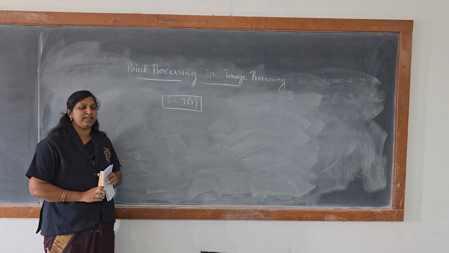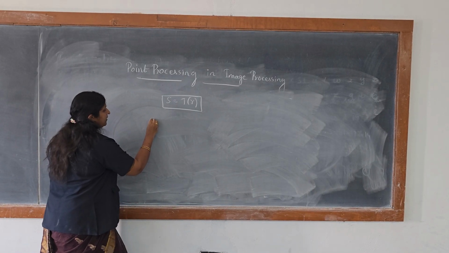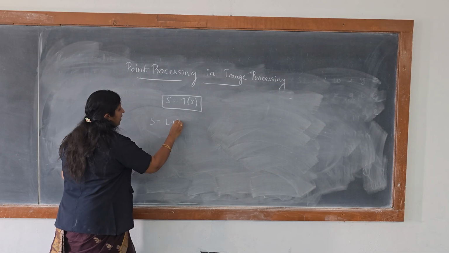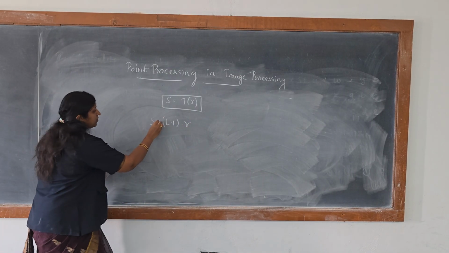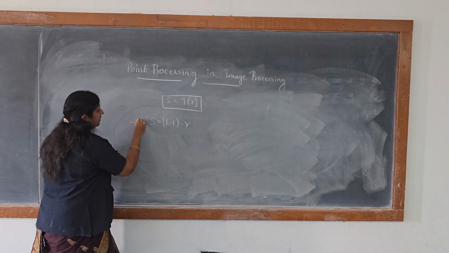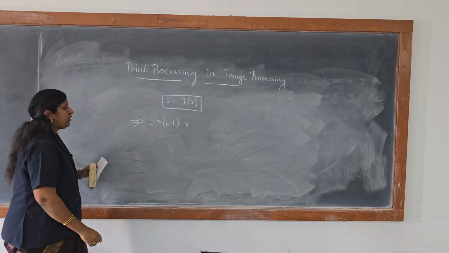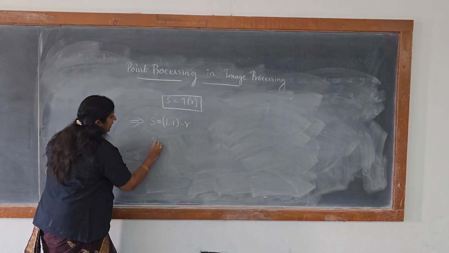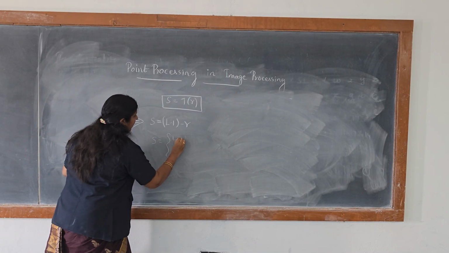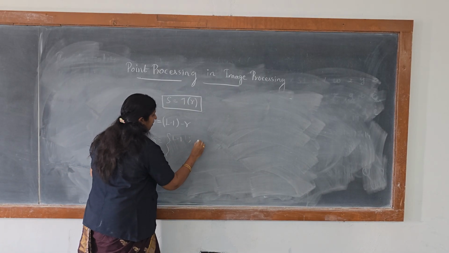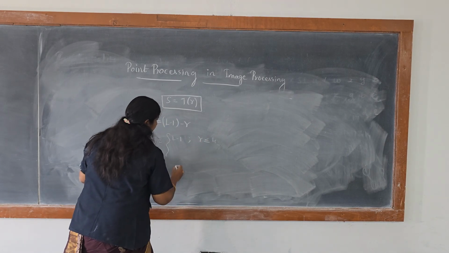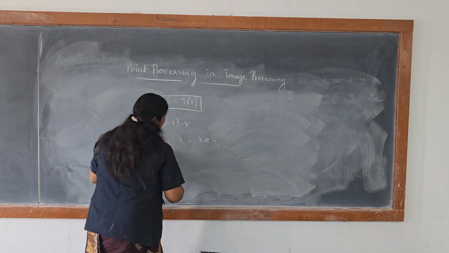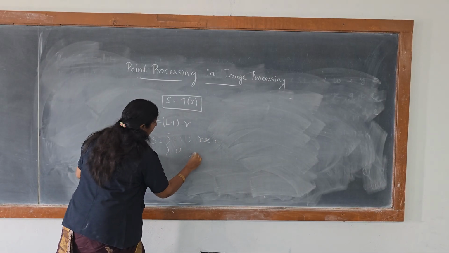First one is digital negative, where we use the relation S equals L minus 1 minus R. Second one is the thresholding method. In thresholding, S equals L minus 1 if R is greater than or equal to 4, and 0 otherwise.